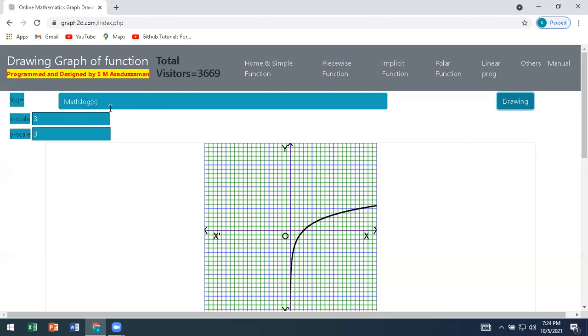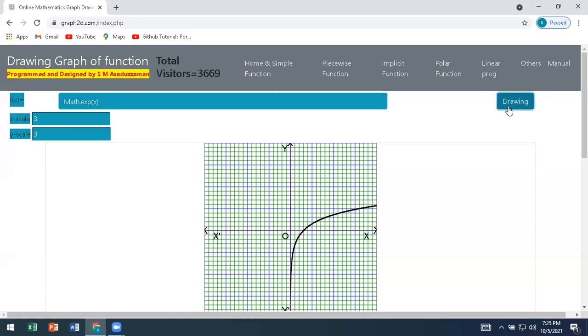Again, we draw the exponential function. For the exponential function, we type Math.exp x, exp of x.